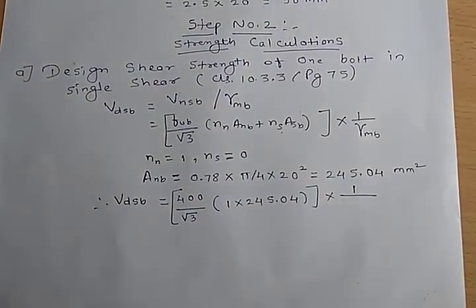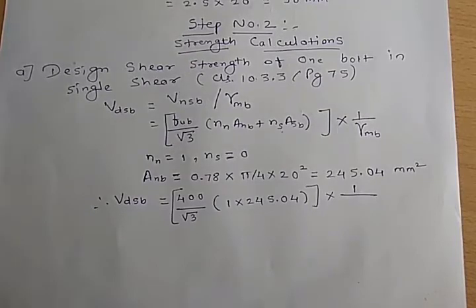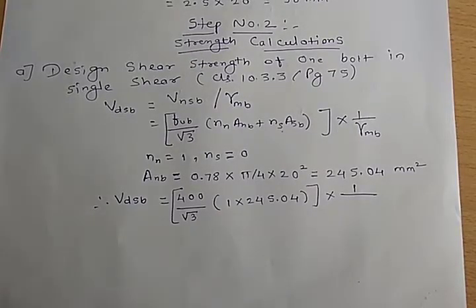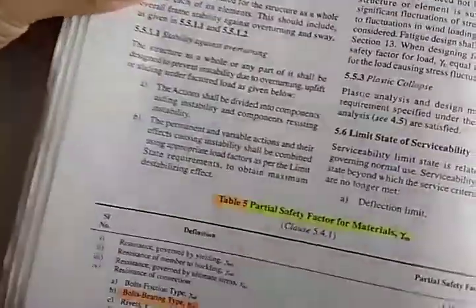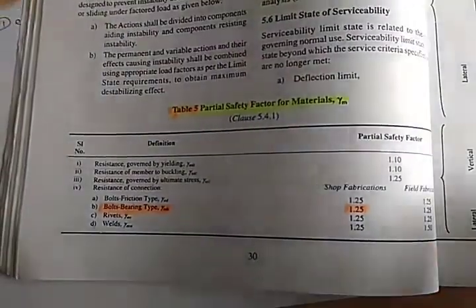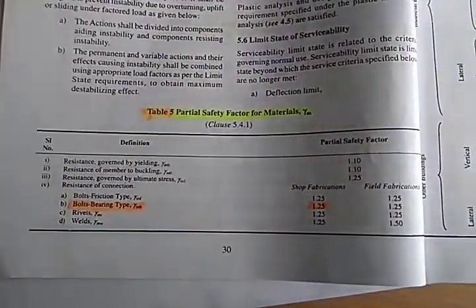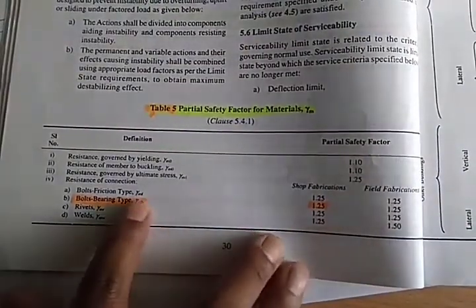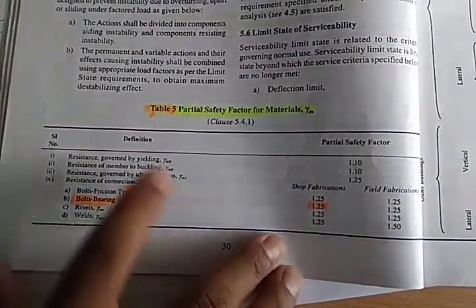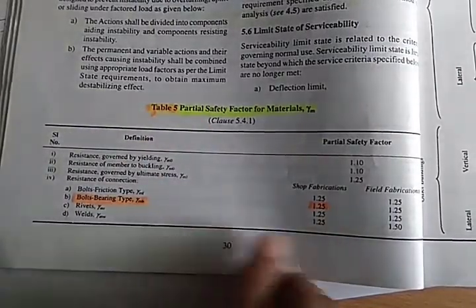Now this gamma MB is the partial safety factor, again from IS 800:2007, table number 5, page number 30. So this is table number 5, page number 30, and we can check this is the particular partial safety factor.